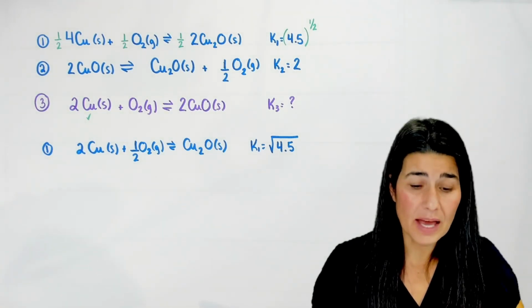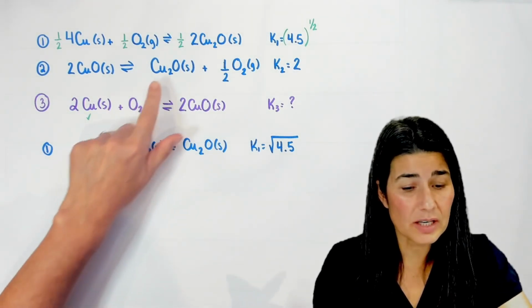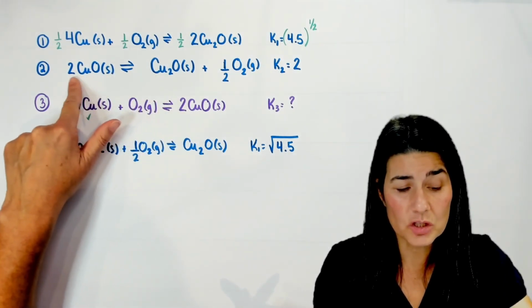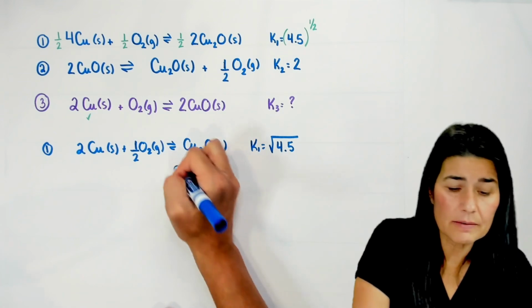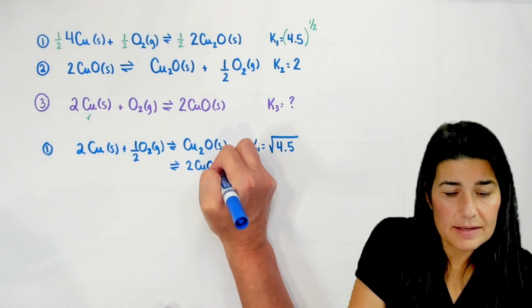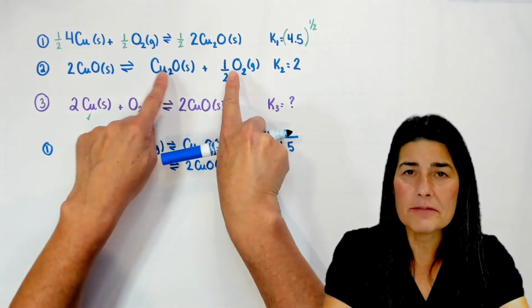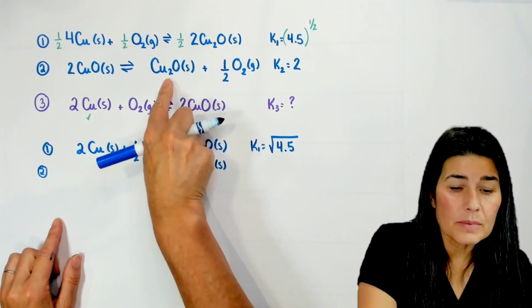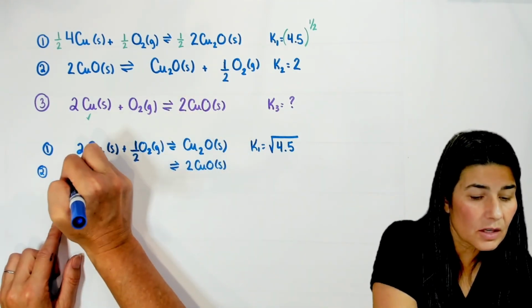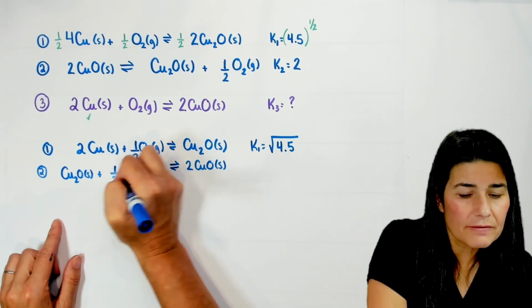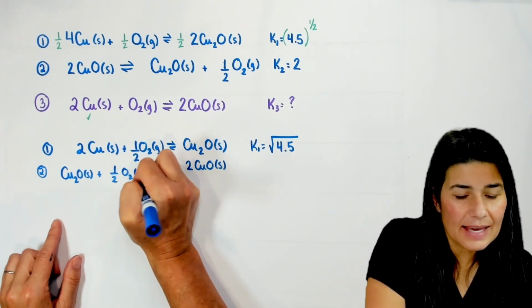If I reverse this reaction, this time I'm going to write 2 CuO as a solid on the right, and on my left as my reactants, I'm going to write Cu2O as a solid and 1/2 O2 as a gas.